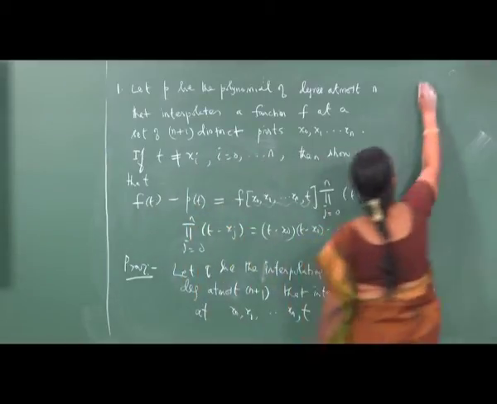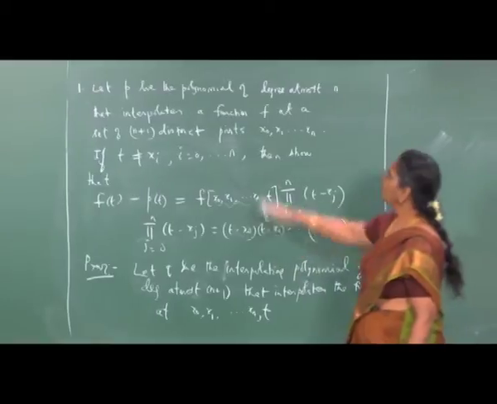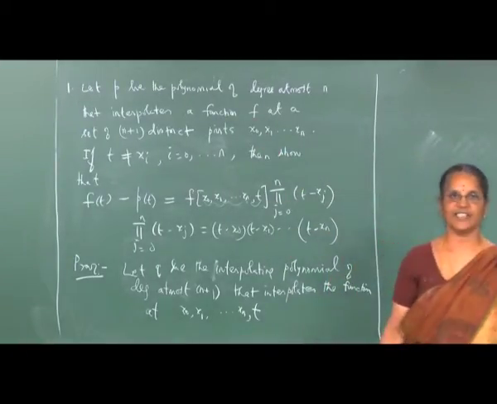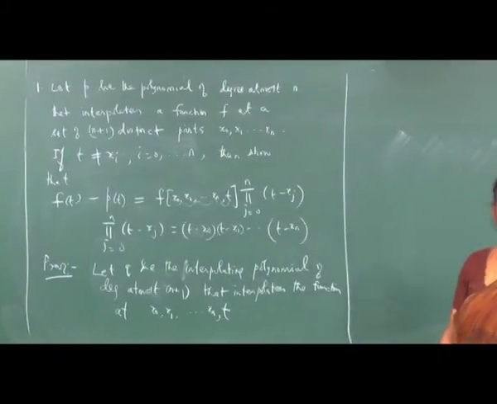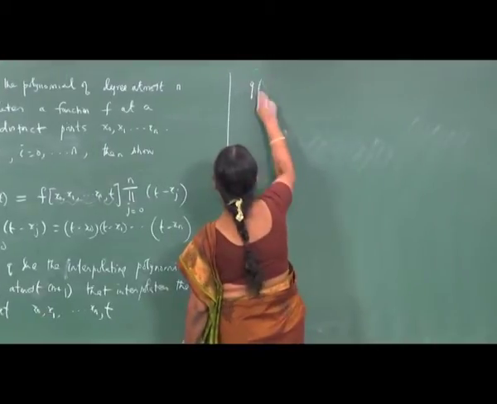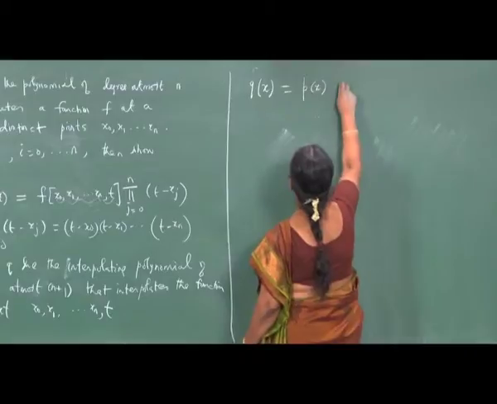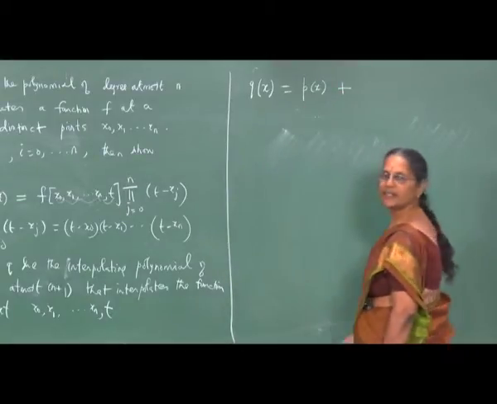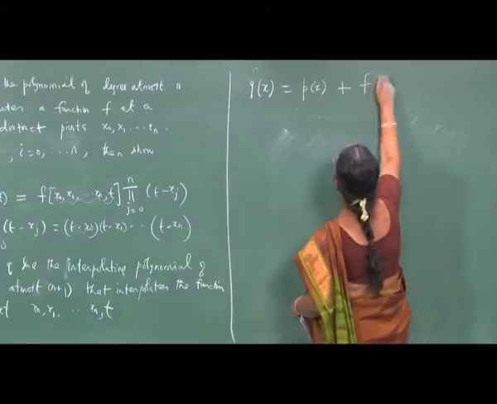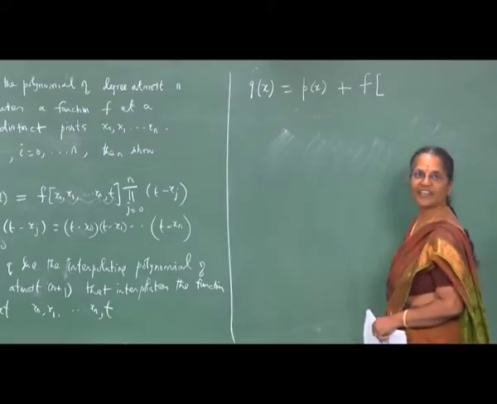And so, can we write down this polynomial q when we know the polynomial p? Yes, that is the advantage of the divided difference interpolation polynomial that we had seen earlier. So, I can write down q at any x will be equal to p of x, polynomial of degree n, plus the additional term. The additional term will be a n plus 1 into a product of certain factors.